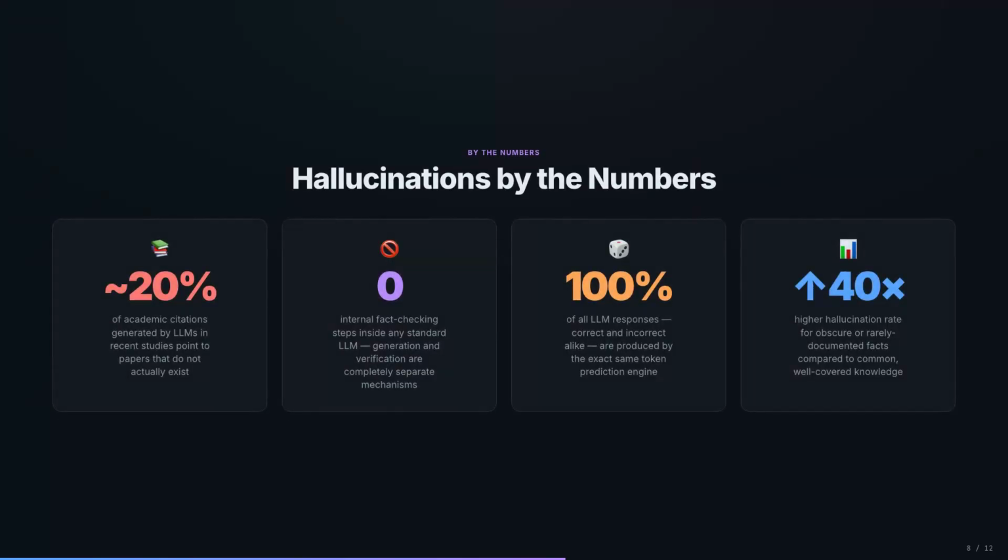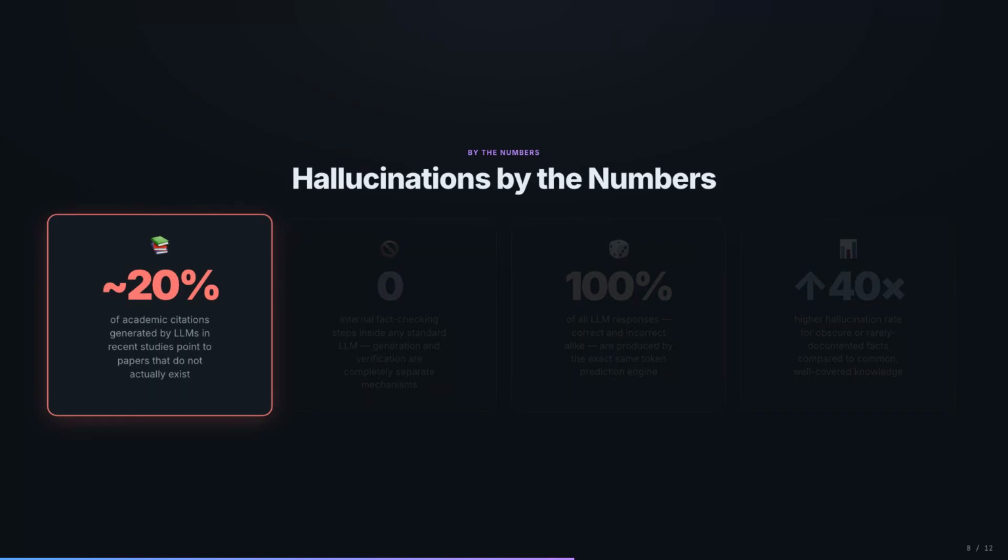The scale of the hallucination problem is larger than most people realize, and a few numbers make this concrete. Approximately 20% of academic citations generated by LLMs in recent studies point to papers that do not actually exist. That is not an extreme edge case. It has been reproduced across multiple studies using different models and different prompting approaches.